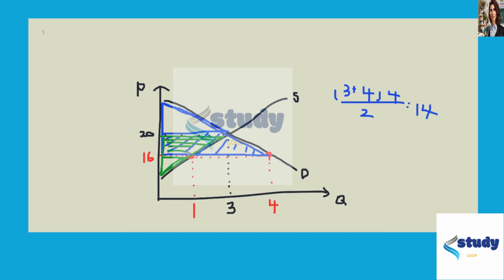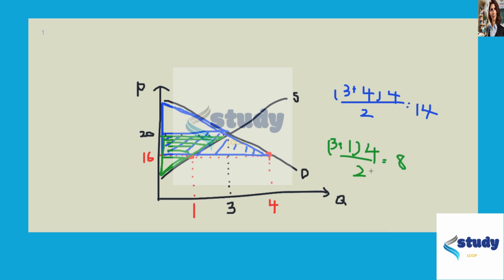So the producer surplus change is, the upper side is also 3 plus the downside is 1, times the height is also 4, divided by 2. So it's 4 times 2, which is 8.